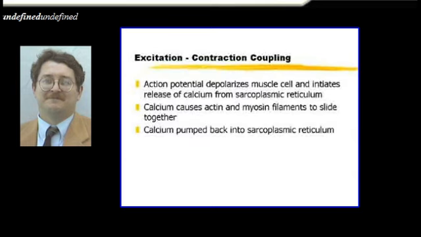The physiology of excitation contraction coupling essentially involves depolarization of the muscle cell. As the action potential crosses the muscle cell, it initiates the release of calcium from the sarcoplasmic reticulum into the cytosol. The calcium causes actin and myosin filaments to slide together. The calcium is then rapidly pumped back into the sarcoplasmic reticulum in preparation for the next action potential.